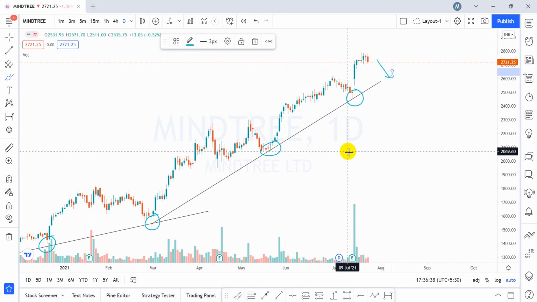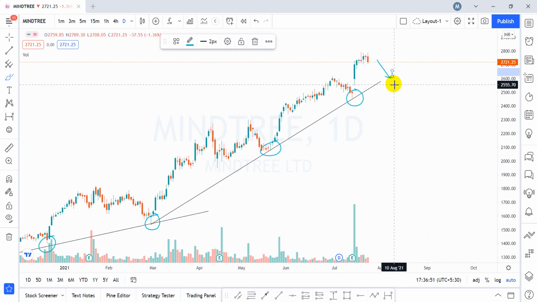I'll try to identify a good support area and an identifiable stop loss, and when the odds are in my favor, I will take an entry in Mindtree. So right now, with this particular trend line, about 2630, 2640 is a good area for taking a fresh entry into Mindtree.